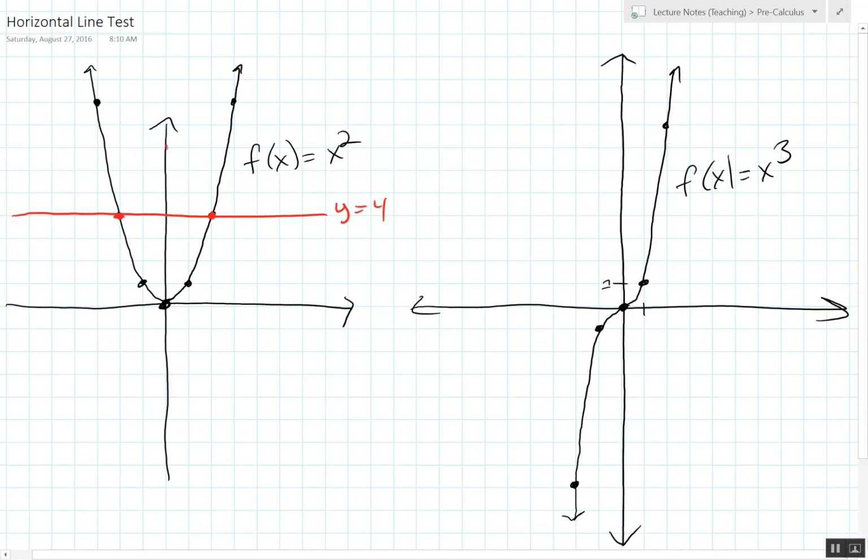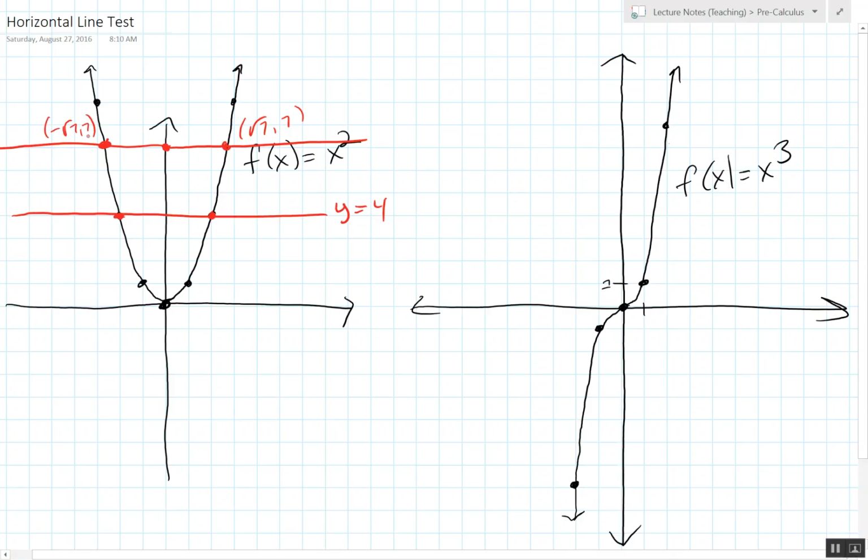So we can go to this point right here, which will give me the line y equals 7, and it will intersect the graph twice, here and here, at (root 7, 7) and (negative root 7, 7).